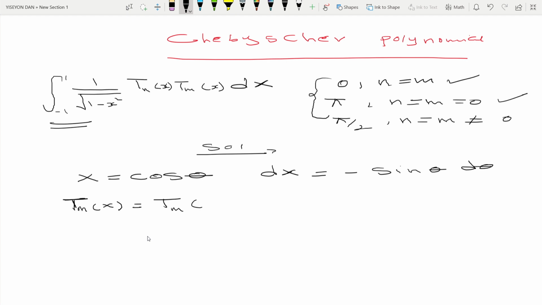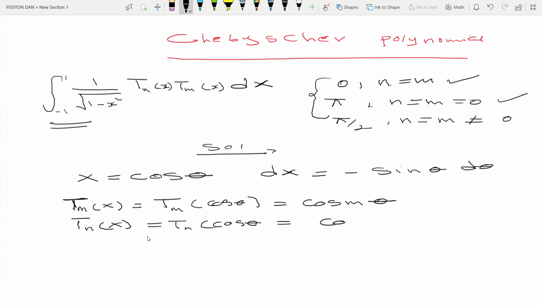This is going to be cos m theta. Likewise, Tn of x is Tn of cos theta, which is equal to cos n theta.